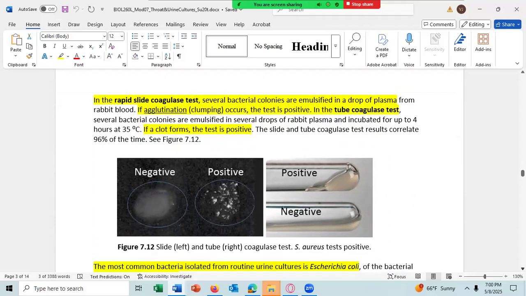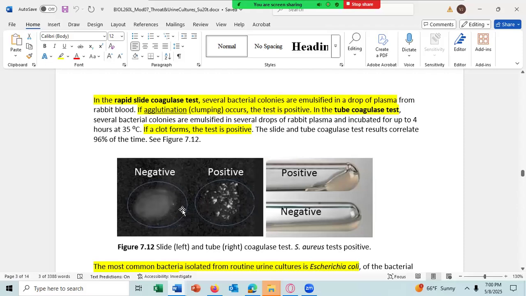There are two tests to look for coagulase. There's the slide test, where you put the bacteria in the plasma, and if the bacteria produce coagulase, you'll get clumping of the bacteria in the plasma. If there is no coagulase, the bacteria will look like this, no clumping.